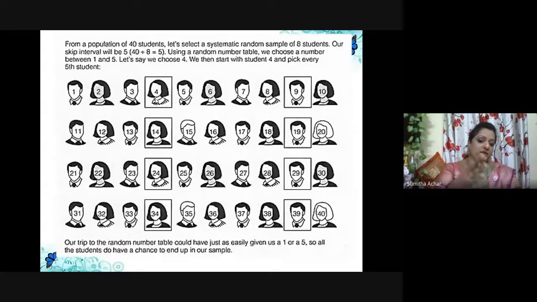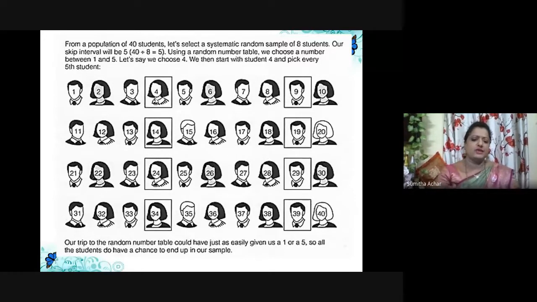So after 4, the next 5th candidate will be 9. The next will be 14. Why am I taking every 5th candidate? Because of the sampling fraction. When I finish till my last sample, of course, I have my 8 samples who are selected systematically.